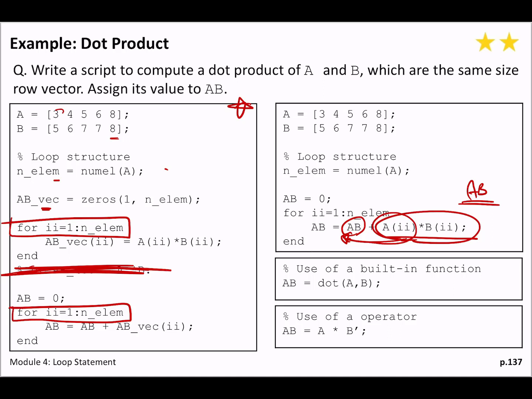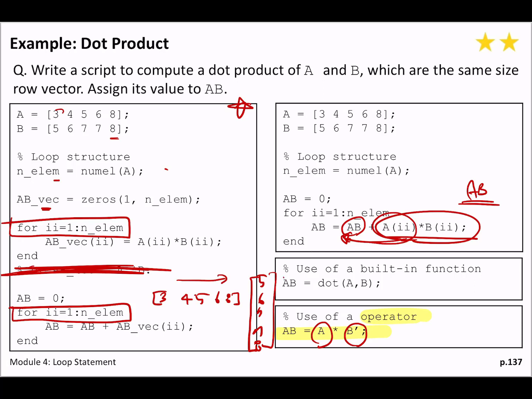Or you can use an operator. How? You can do the matrix multiplication between A and B transpose. How does it look? 3, 4, 5, 6, 8, and 5, 6, 7, 7, 8, right?